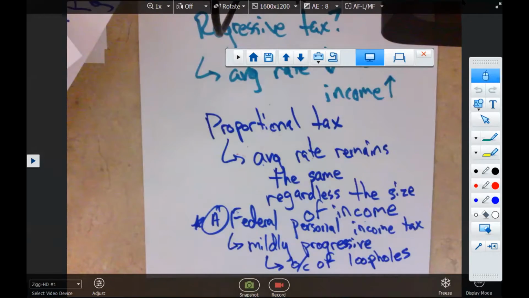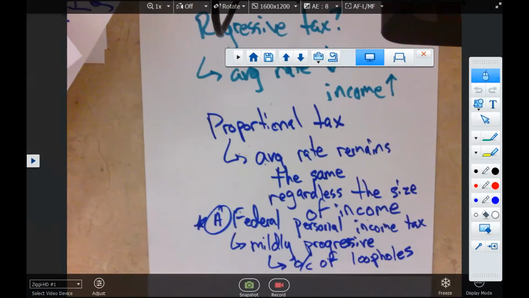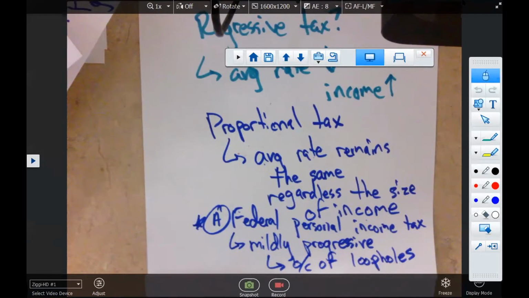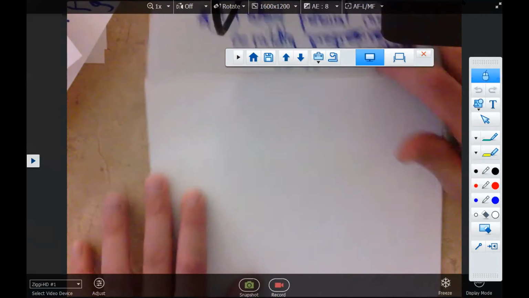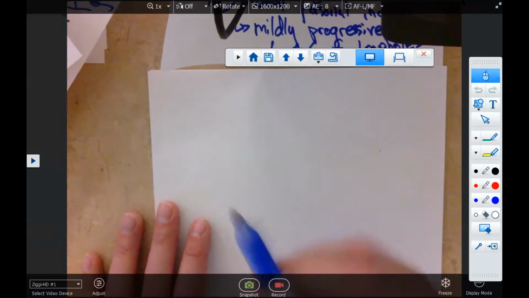There's just a lot of different loopholes. We saw a lot of loopholes for LLCs with pass-through real estate income that came through with the latest tax rewrite. So a lot of people saw advantages from that.